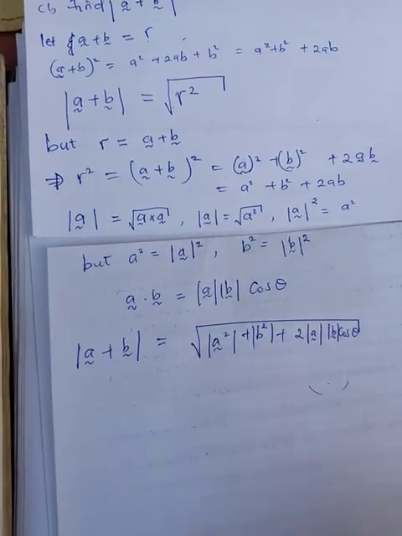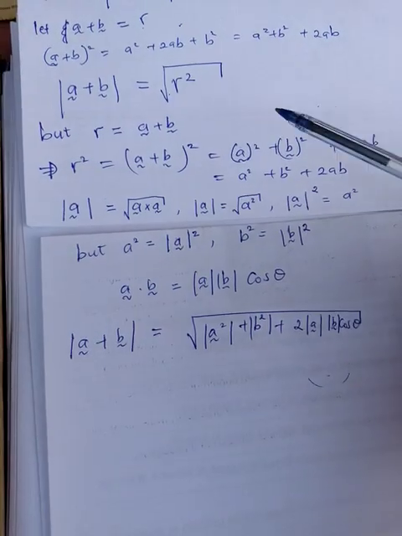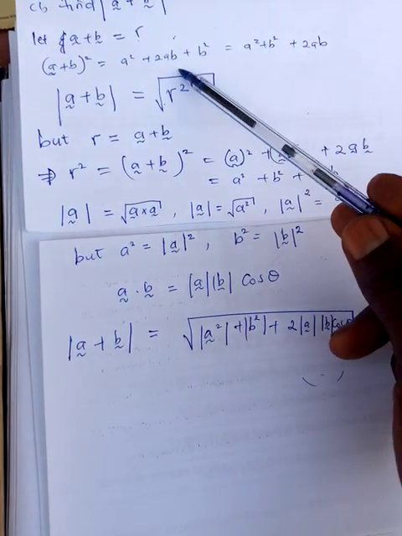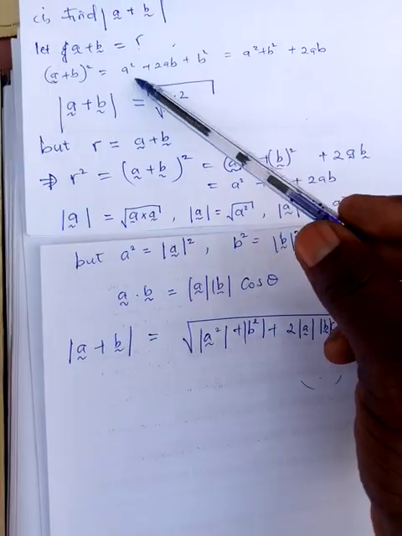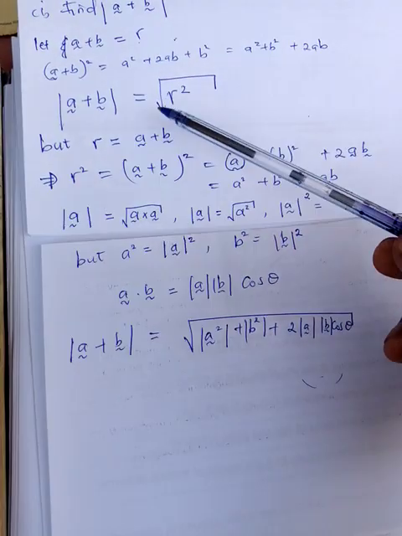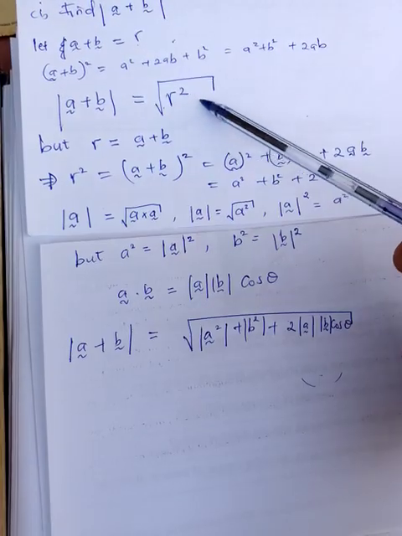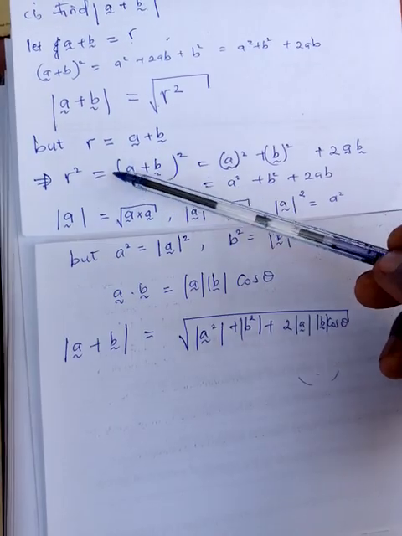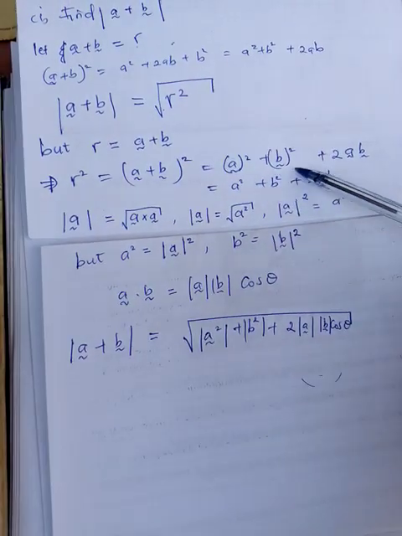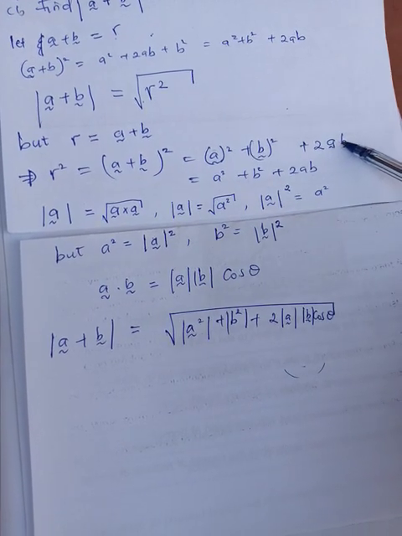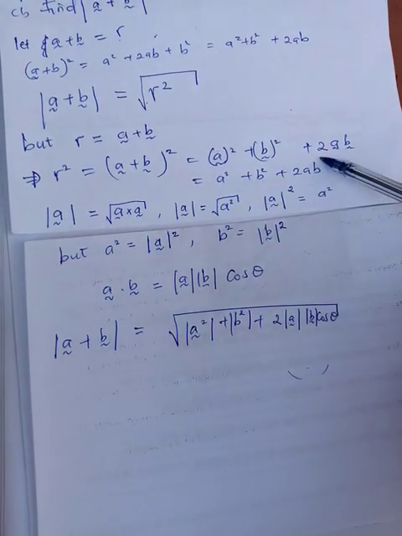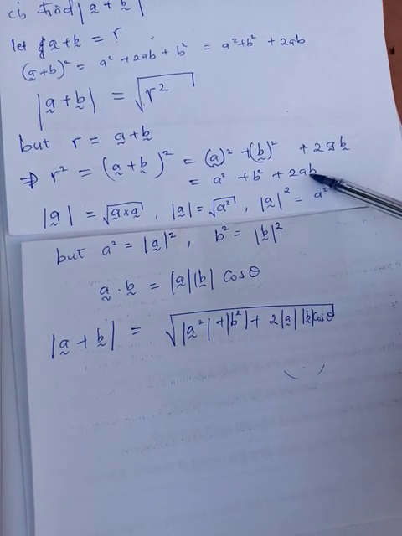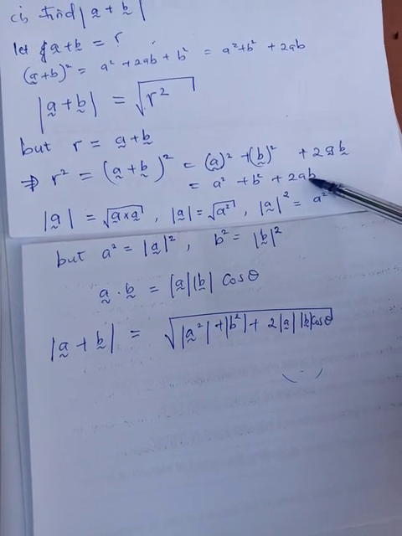Where is this one coming from? Remember this one: a plus b is r, so the modulus means I square r and I get the square. But r is all of that, see this and this one. That is my r.